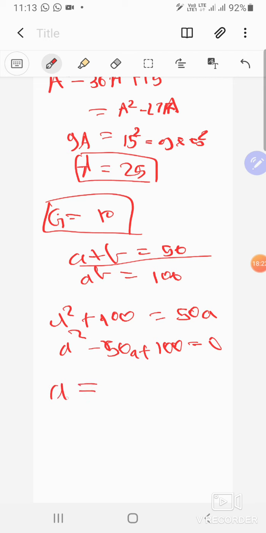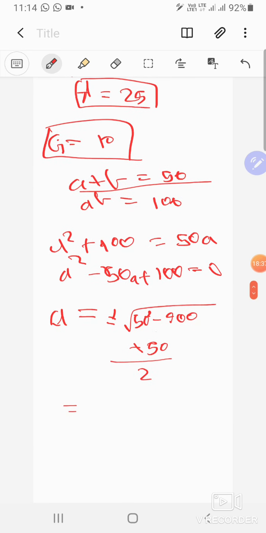So A is going to be plus or minus the square root of b squared, like 50 squared minus 400, plus 50 upon 2. What is this? Well, that's 2500 minus 400, which is 2100.